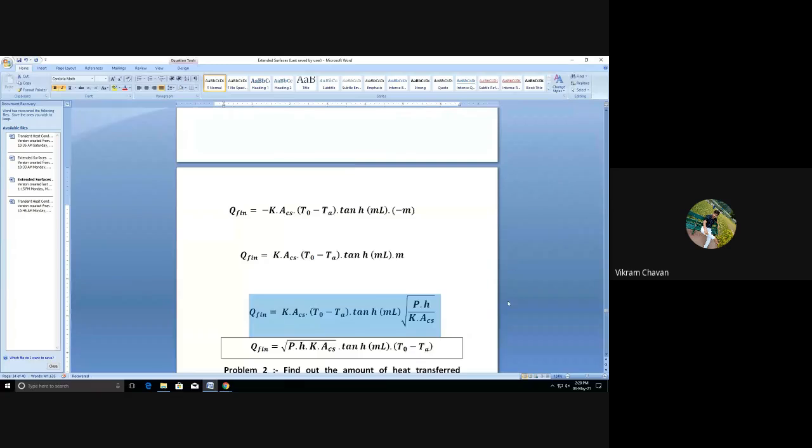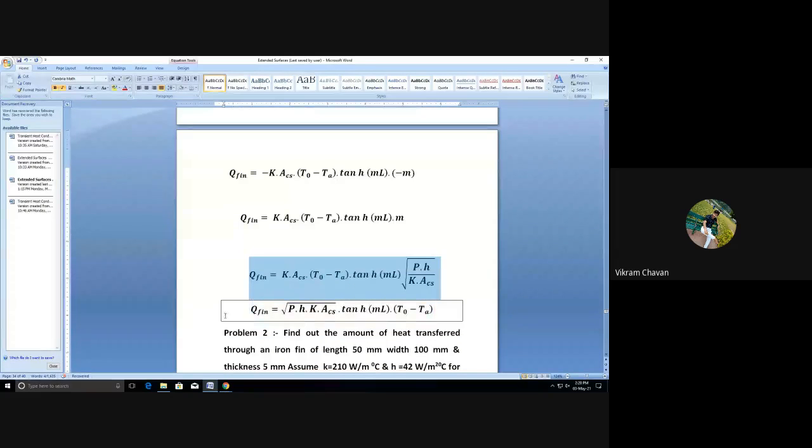The final equation will be Q fin is equal to the square root of p multiply by h multiply by k multiply by A_cs multiply by tanh of mL multiply by (T naught minus T_a).